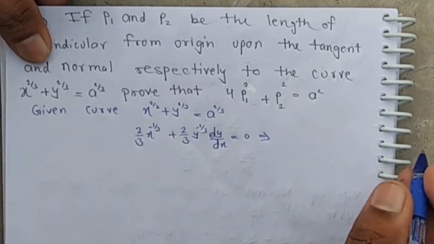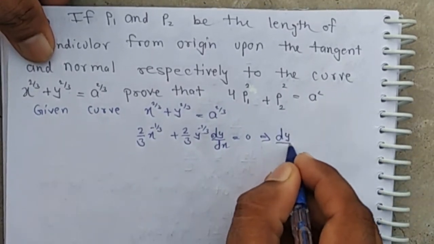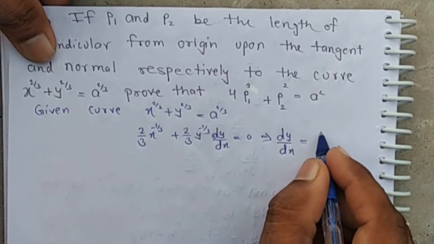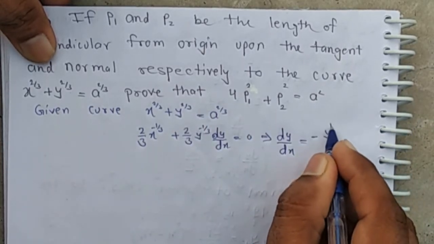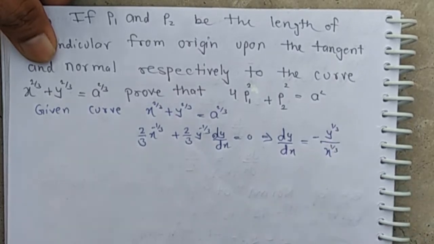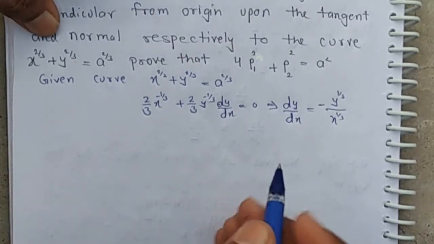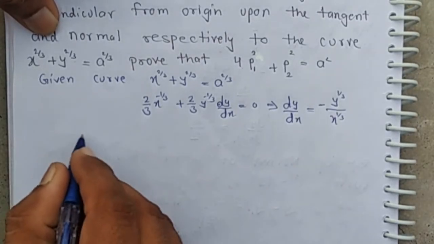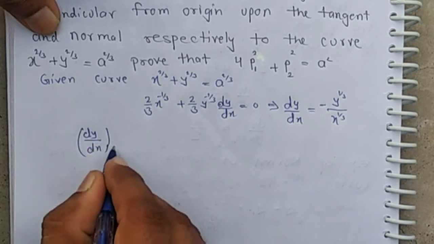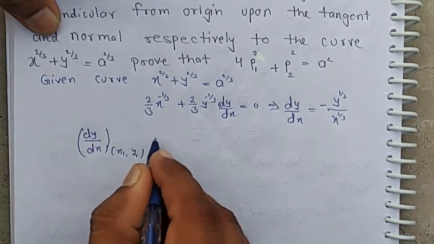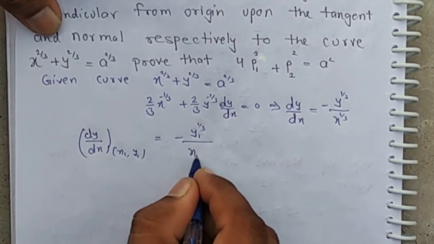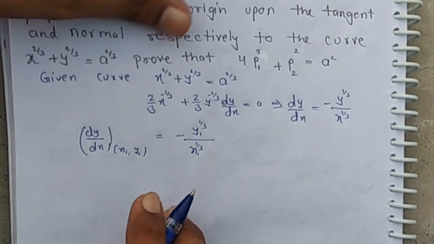Then dy by dx equal minus y to the power 1/3 by x to the power 1/3, and dy by dx at point x1 comma y1 is minus y1 to the power 1/3 by x1 to the power 1/3.